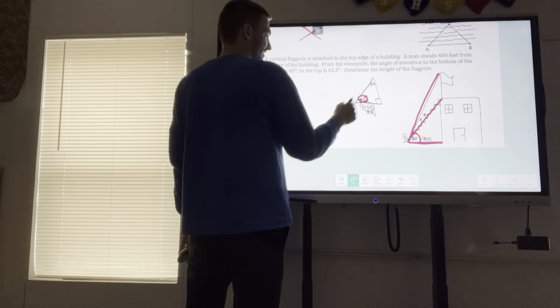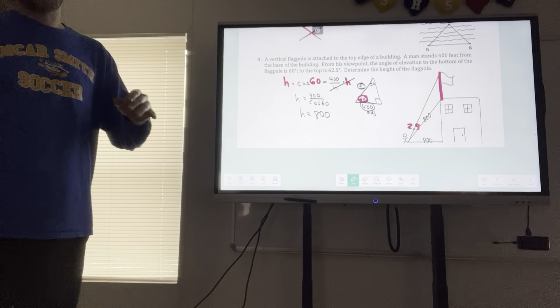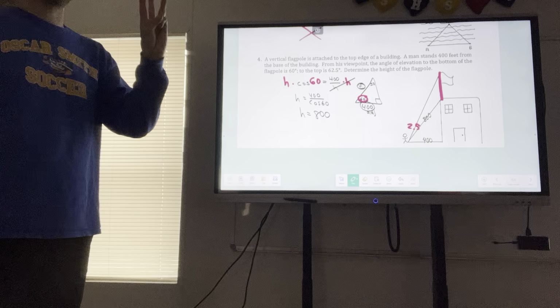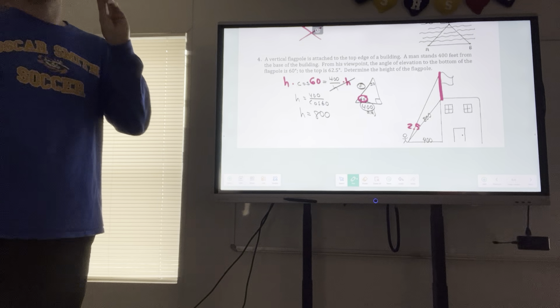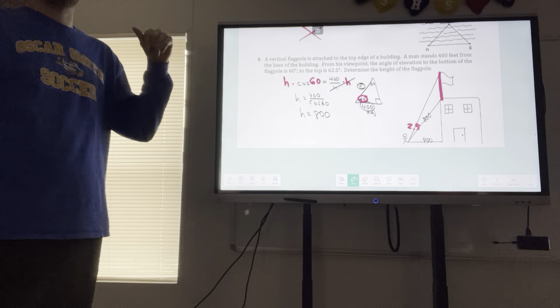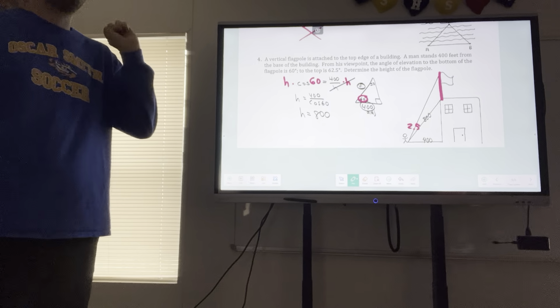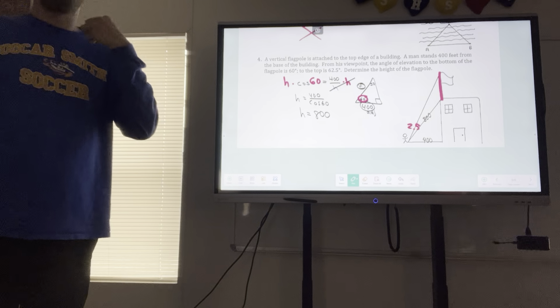Our goal is to figure out the height of this flagpole. In order to do things in an oblique triangle, you have to have 3 pieces of information, and we only have 2. We've got the 800 and the 2.5 degrees. We've got to find one more piece of this triangle before we can do anything.